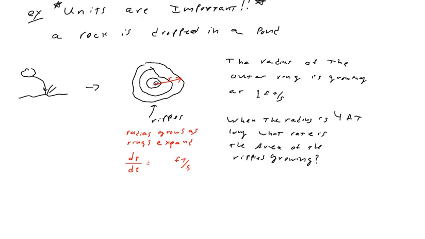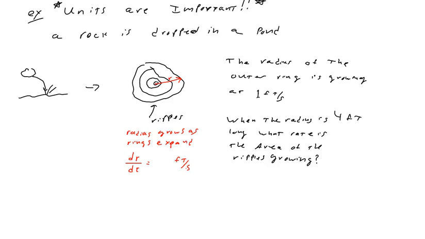So here is a kind of related rate question. You drop a rock in some water, the ripples stream out. We know the ripples' radius is growing at 1 foot per second.